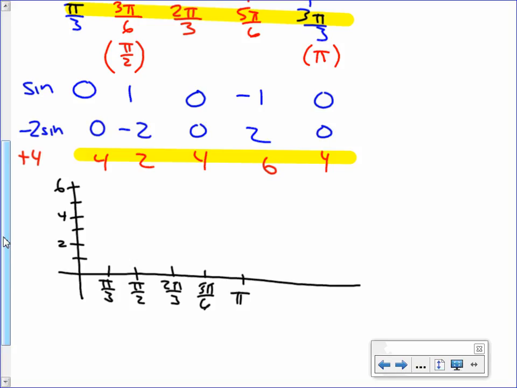It goes 4, 2, 4, this is 6, and then 4-ish. Sinusoidal.